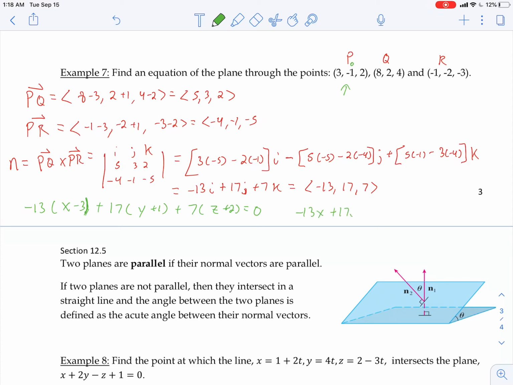We'll have -13x plus 17y plus 7z, positive 39 plus 17 is going to be 56. 56 plus 14.